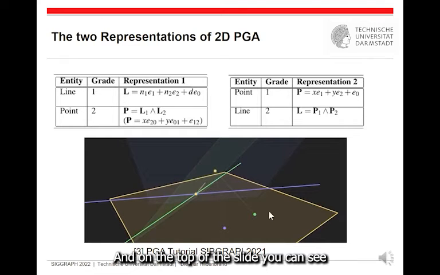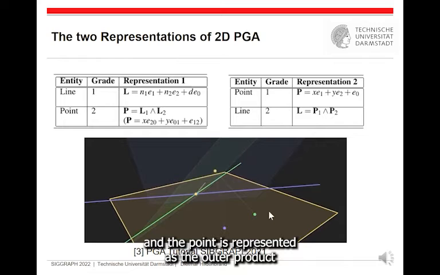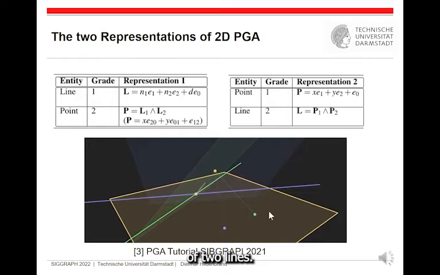And on the top of the slide you can see the two representations for 2D PGA. In representation 1, the line is simply represented by the 2D normal vector with coordinates n1 and n2, and the distance to the origin d. In principle the same as in 3D PGA with the planes, and the point is represented as the outer product of two lines.